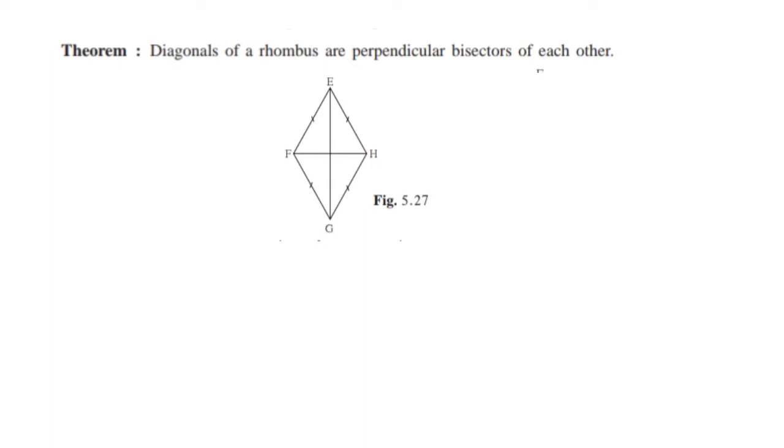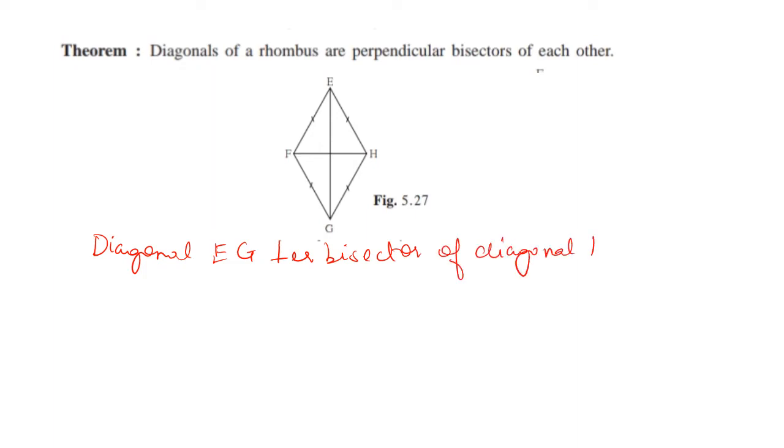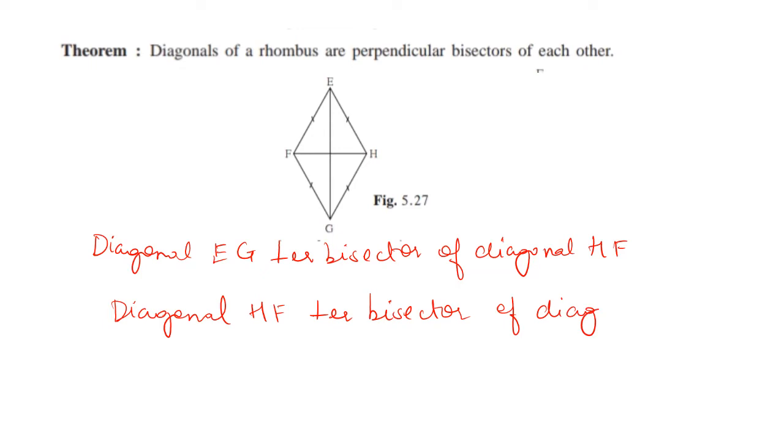So the theorem says that diagonal EG is the perpendicular bisector of diagonal HF. Then diagonal HF is the perpendicular bisector of diagonal EG.